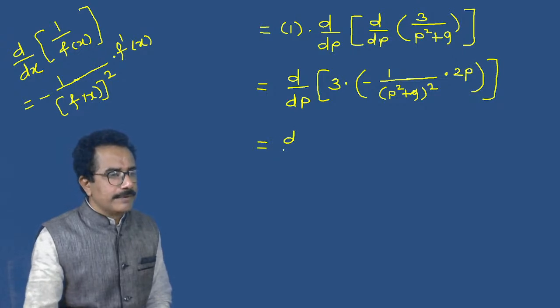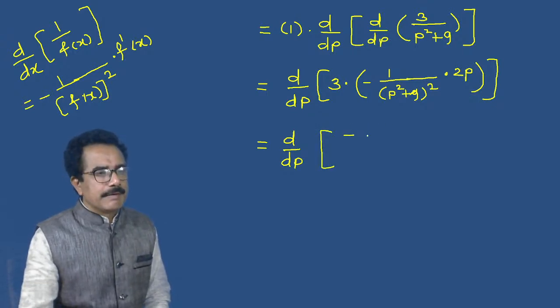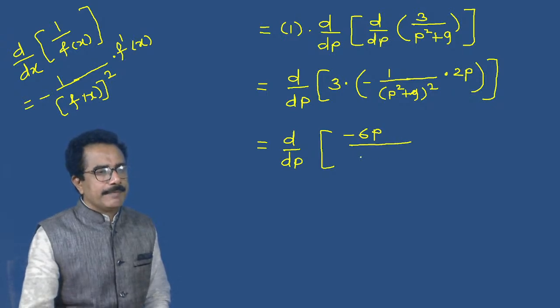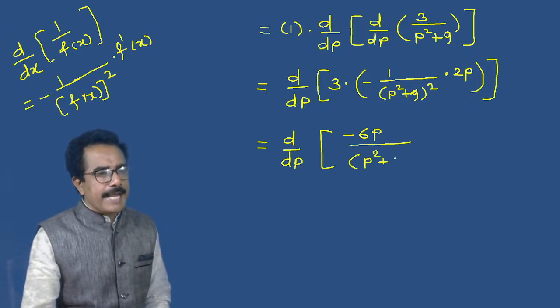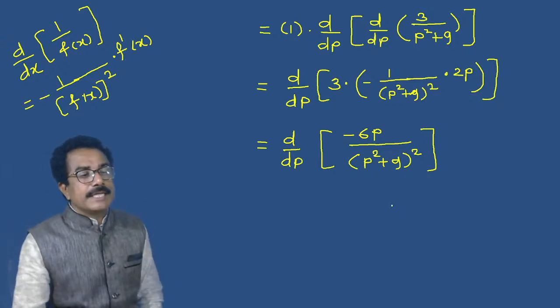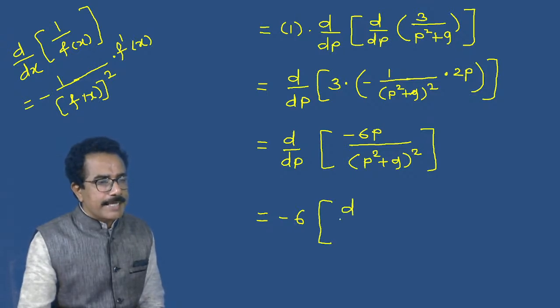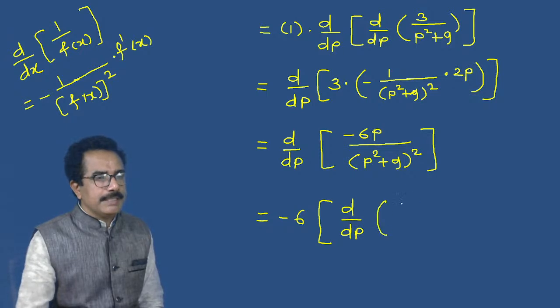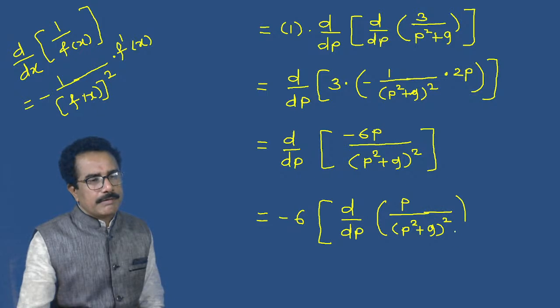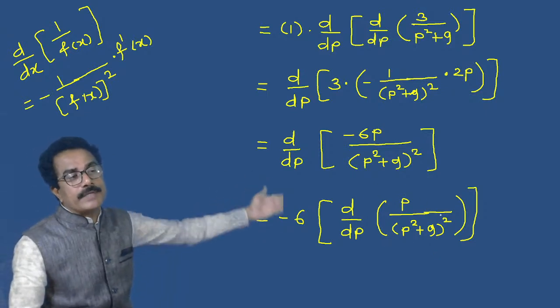Therefore d by dp of it is, do you understand, minus 6p divided by (p square plus 9) bracket square. Now again we have to calculate the derivative of, keep this minus 6 as it is out of the bracket, d by dp of, in the bracket, p divided by (p square plus 9) bracket square. Is it okay? Now again, you tell me, student, how to calculate this derivative?